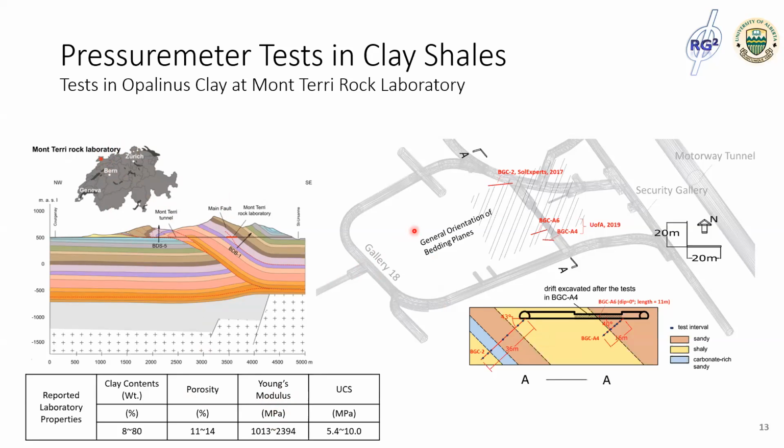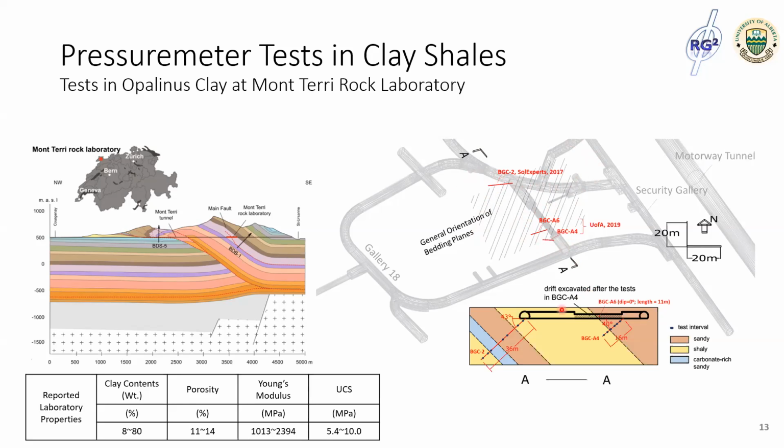And the first series of Pressuremeter tests were performed by Solexperts, a contractor from Switzerland, in the borehole BGC-2. And last year, we were offered an opportunity to perform another 2 series of tests in borehole BGC-A4 and borehole BGC-A6.